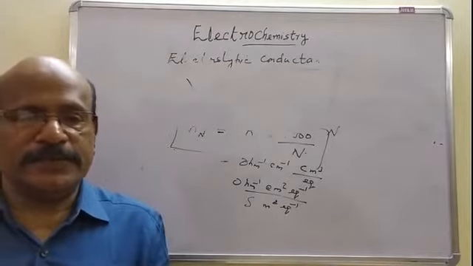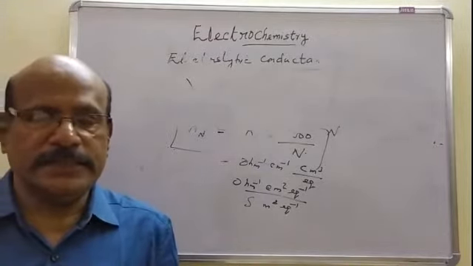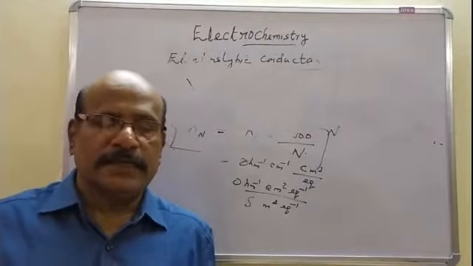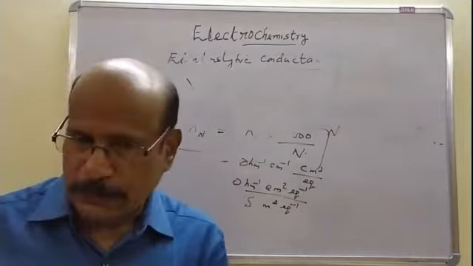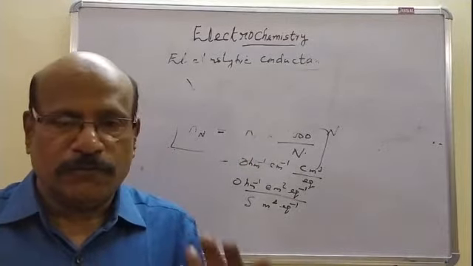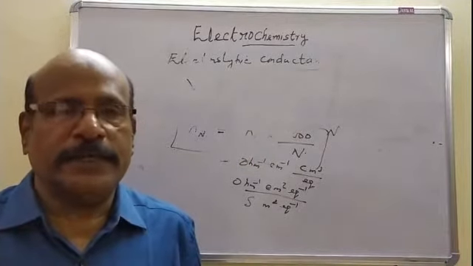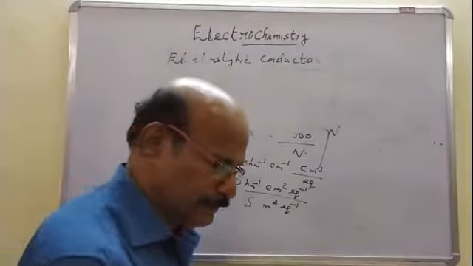So equivalent conductivity of an electrolyte is defined as the conductivity of all the ions furnished by 1 gram equivalent of the electrolyte present in the solution.